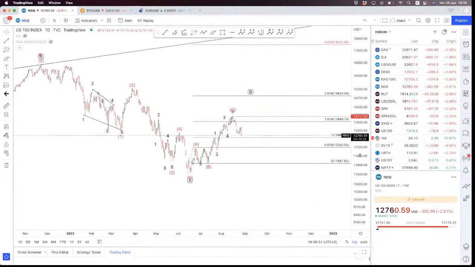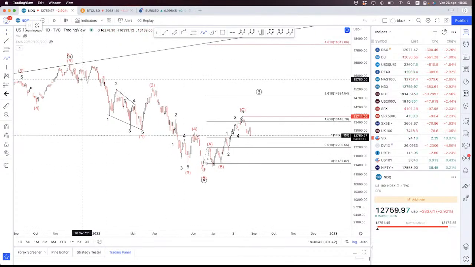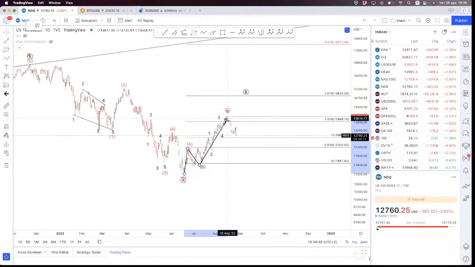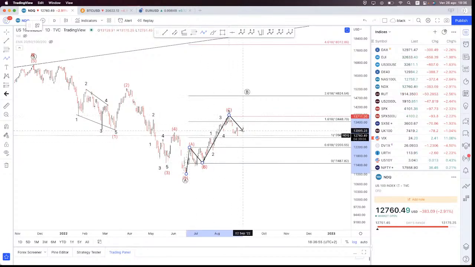So if it is a resumption of the uptrend, then we know that we need to find 5 subwaves, because if we're turning from bearish to bullish, a bull move is going to have 5 subwaves. So something like this. So now, obviously, let's say this is 1 and 2, 3, potential 4 and 5. We first need 5 subwaves.